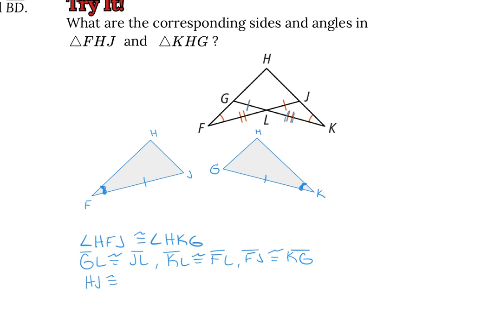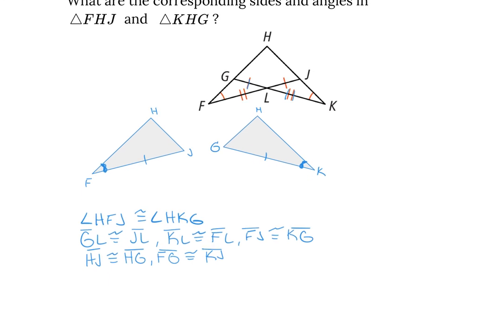HJ would be congruent to HG. And FG would be congruent to KJ.